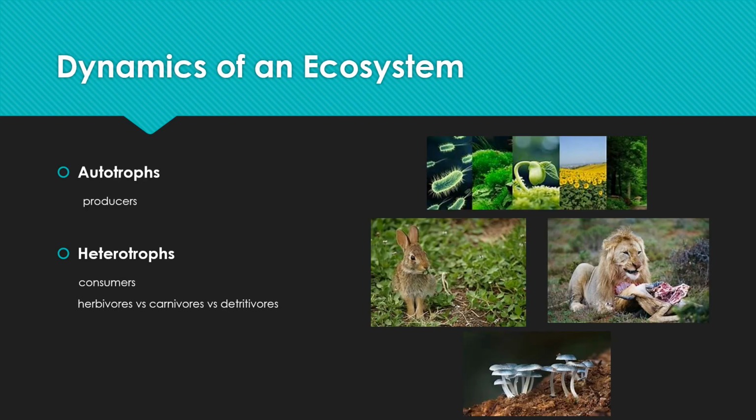So when we talk about dynamics, dynamics is the interactions in the ecosystem. We're talking about populations and their physical environment. So remember that in an ecosystem, how do the populations relate to one another? How do they interact with one another?